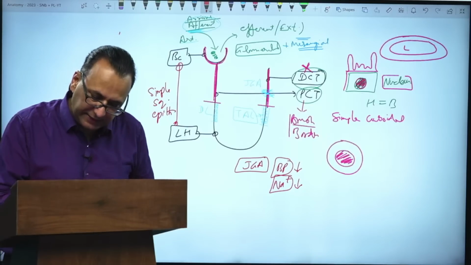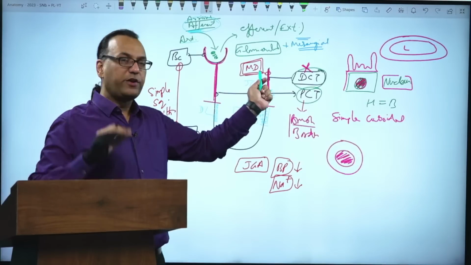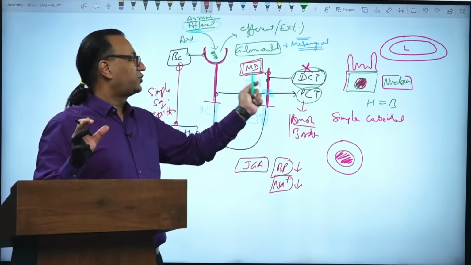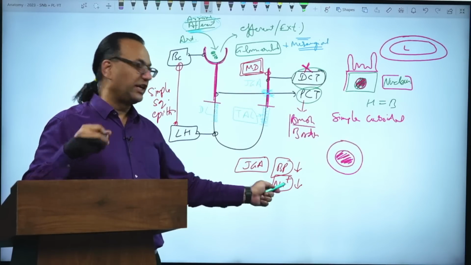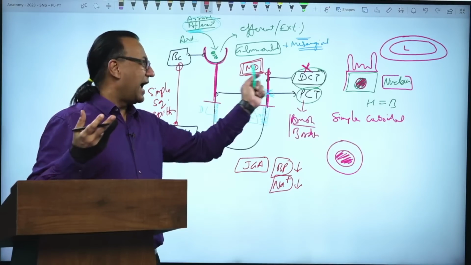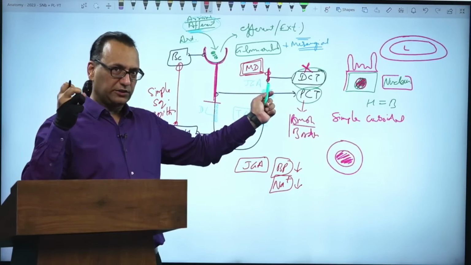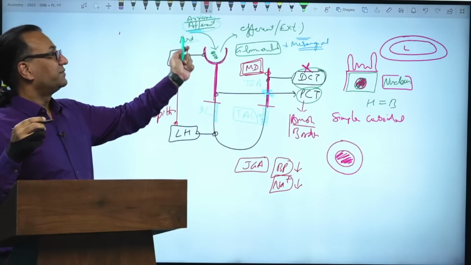So in the DCT, you will find some macula densa cells, and they detect the sodium concentration. If the sodium concentration is low, they can secrete components like adenosine, and that can cause vasoconstriction. Vasoconstriction where? In the afferent arteriole.